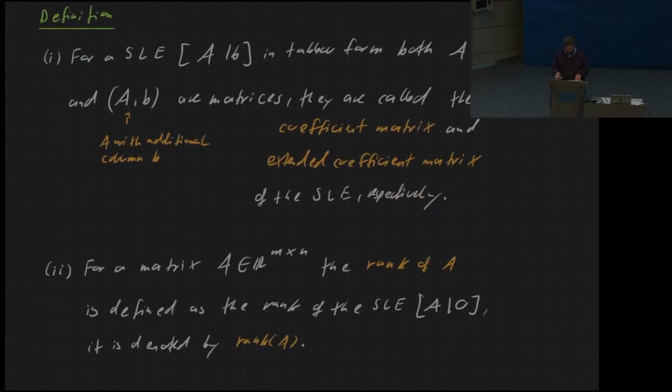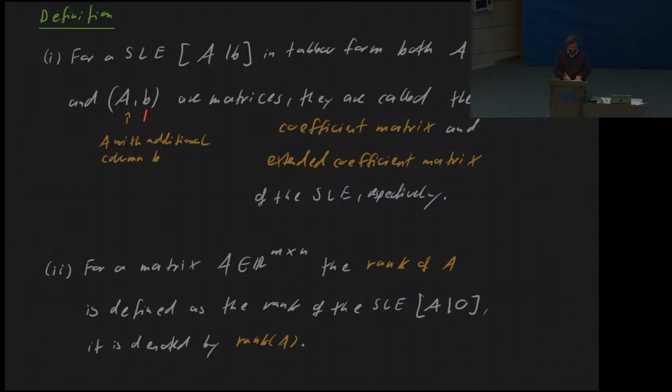All right. And now we just need to formalize the terms that we've already discussed and defined in the context of systems of linear equations. We can now say, well, this tableau here that we've talked about before, that basically is a matrix, right? So this here is the matrix of the left-hand sides. That is the coefficient matrix.